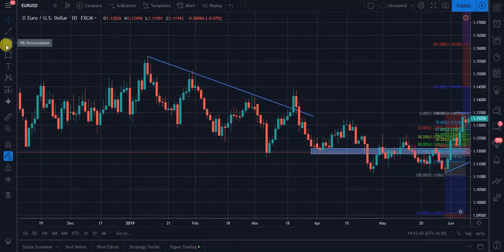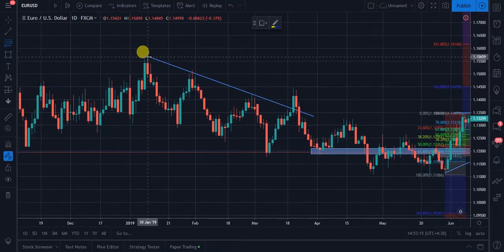So when we identify something like this, now we can draw the Fibonacci from high to low only for downtrends. Okay guys, from high to low only for downtrends, and from low to high only for bullish trends.